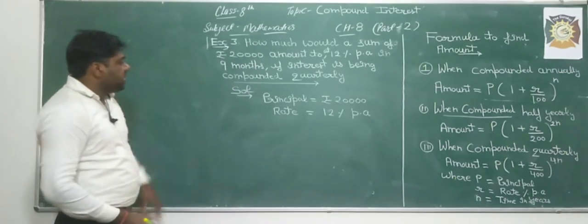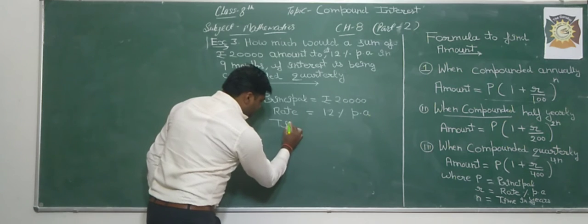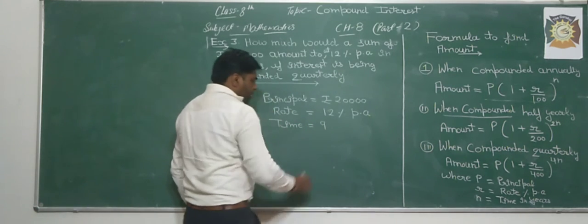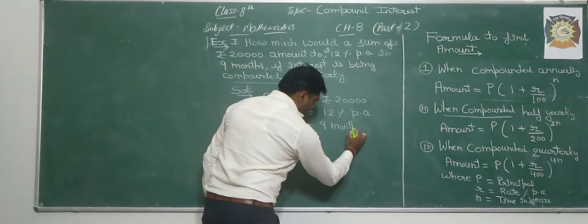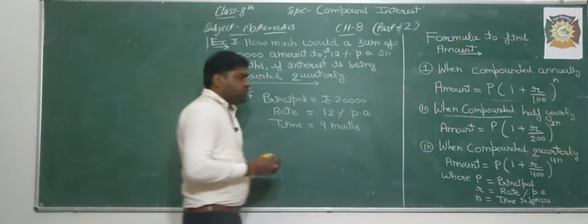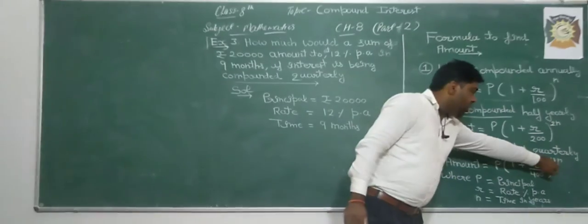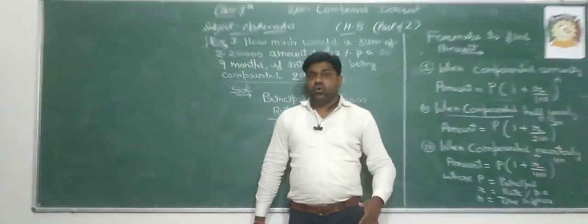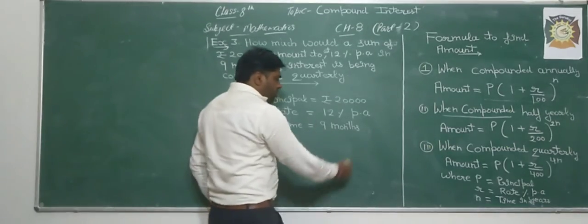And the next given thing is time. This is 9 months. But because we have to use time in years, first of all we have to convert this time into years.